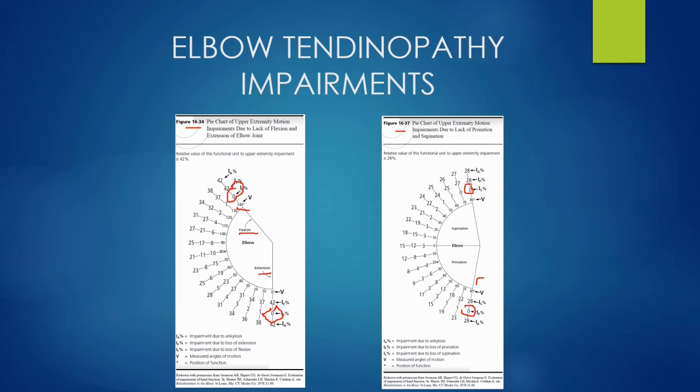But for less than 80 degrees of pronation and supination, we get various impairment ratings here and here along the pie chart. So you can see that the impairment ratings are generally small, but they're definite. So always consider that your examinee may qualify for permanent impairment due to abnormal elbow motion.